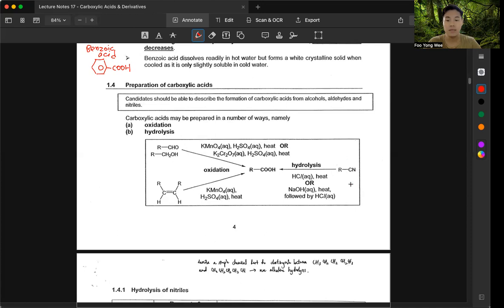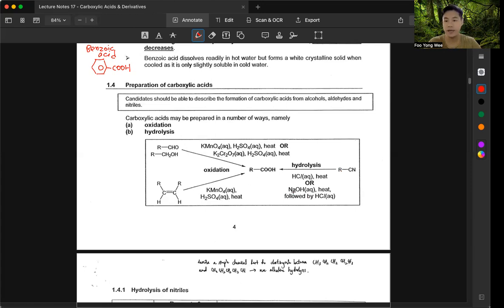So you can start with RCN, and then you can use HCl(aq) or NaOH(aq) followed by HCl to produce your acid.